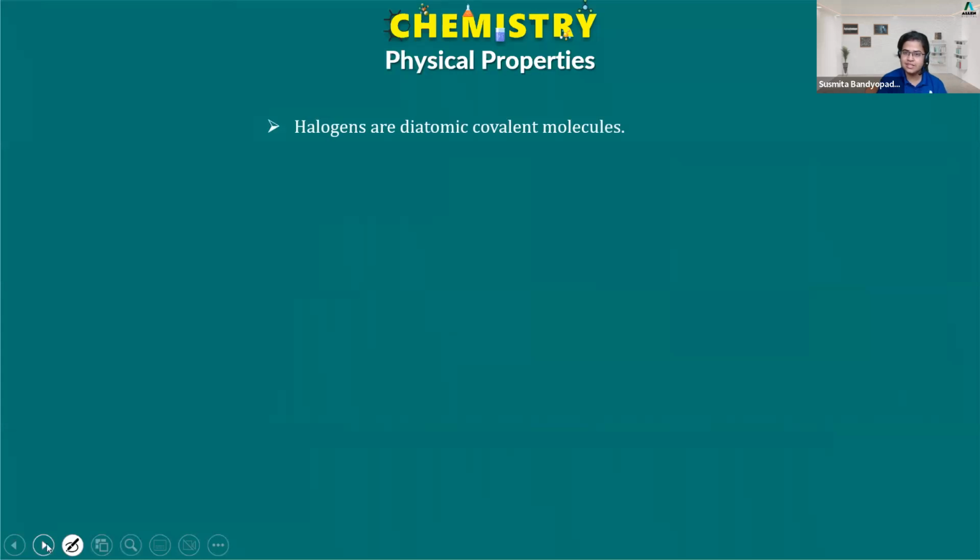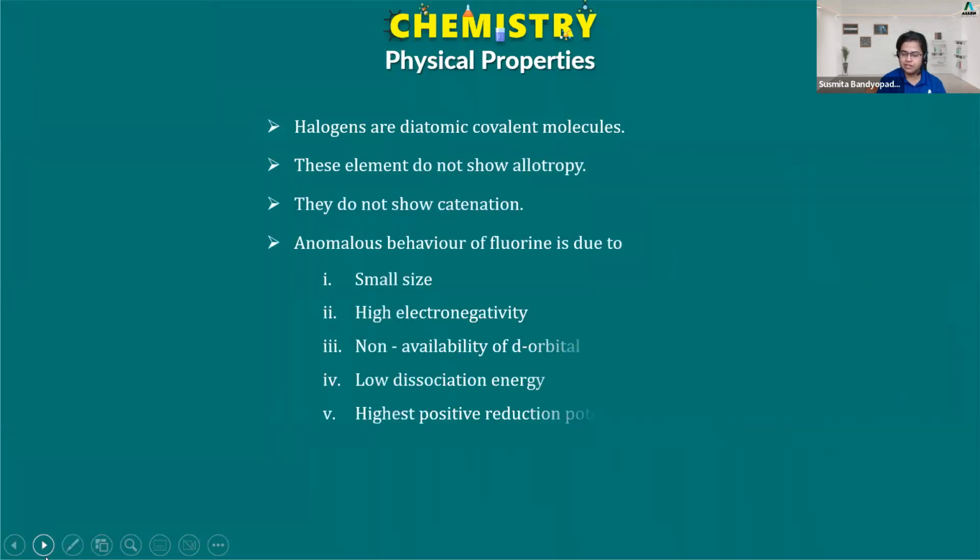You know halogens exist as X2: F2, Cl2, Br2, I2. They don't show allotropy or catenation. And fluorine, students, I would like to link this with our electrochemistry. Always I link things with organic or physical; it becomes an interesting couple.